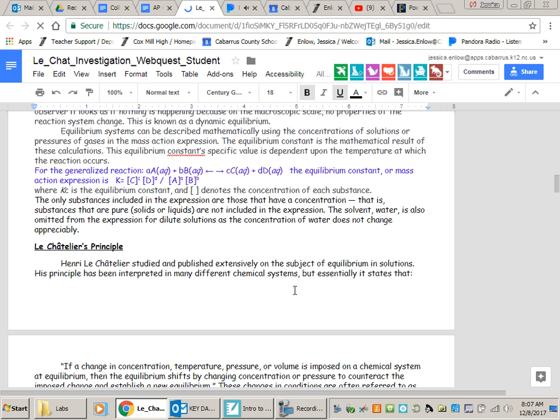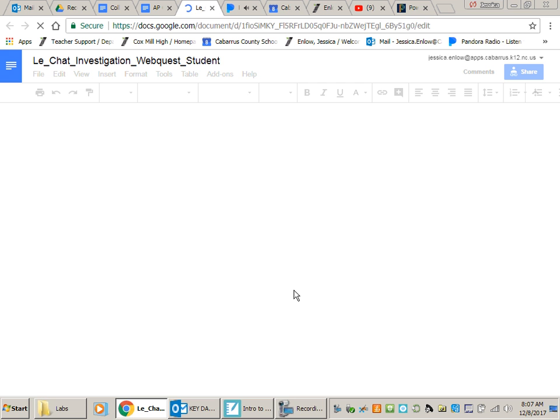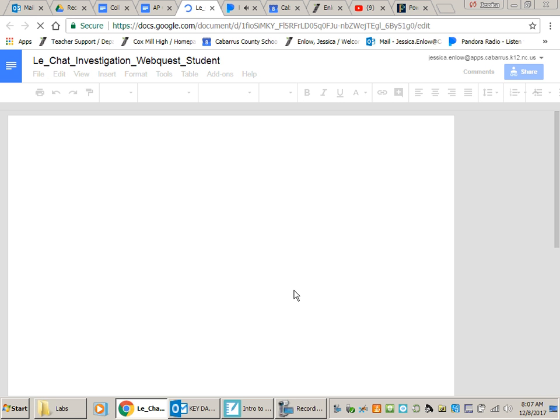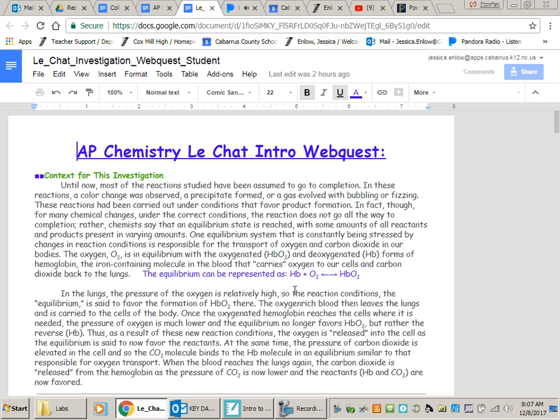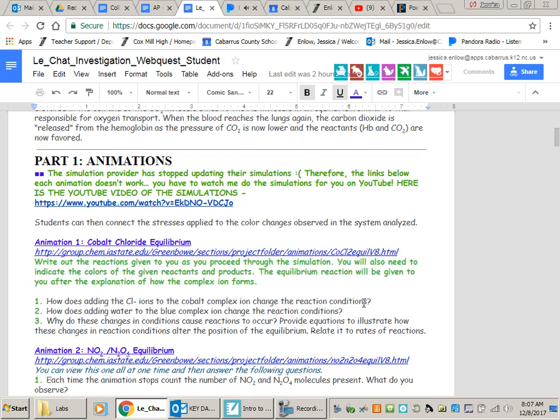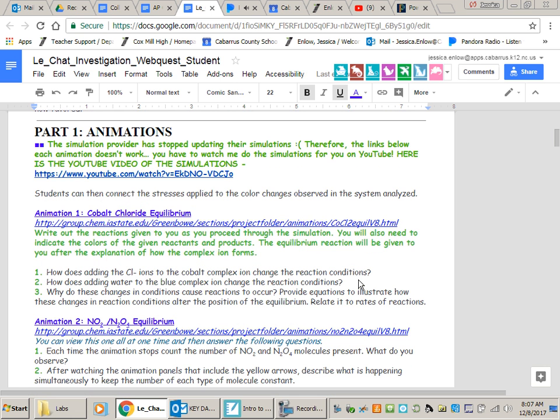Okay. So the first part's reading. I do want you guys to sit and just kind of read and take in some of the examples that they're giving you, especially with the blood. They like to use some real life examples, like on your AP exam, they'll tell you a scenario, you don't want to be confused by it. And after that, the animations person stopped updating their sims, so I videoed it.